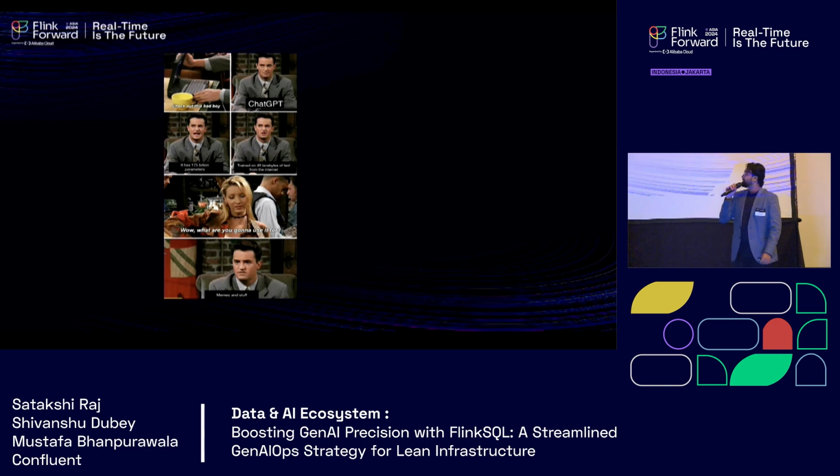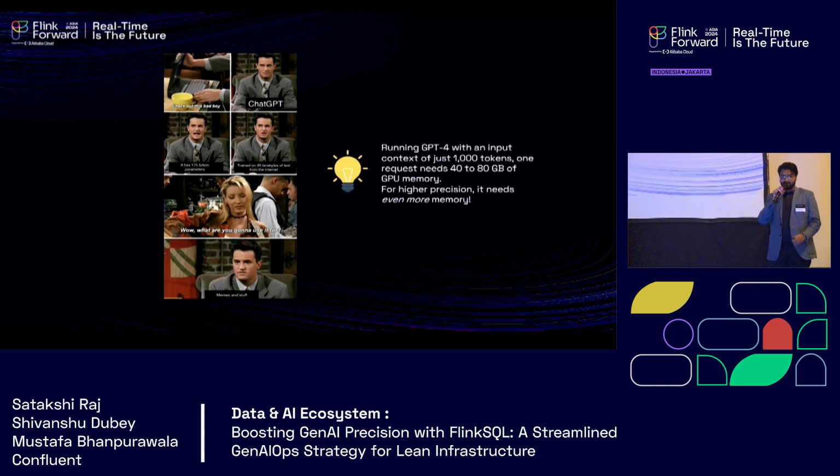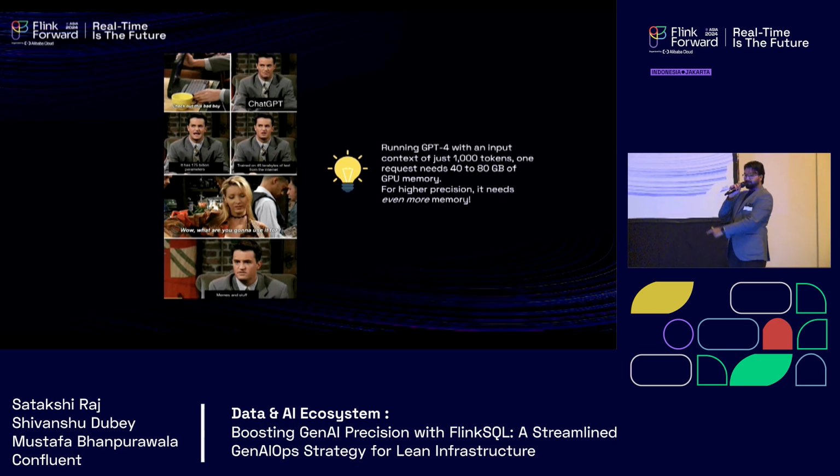If you use GenAI or ChatGPT, and you generate a meme like this, which is around 1,000 tokens generated from ChatGPT, it consumes around 40 to 80 GB of GPU memory.